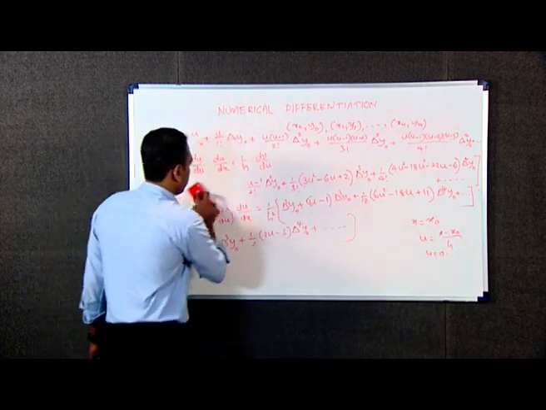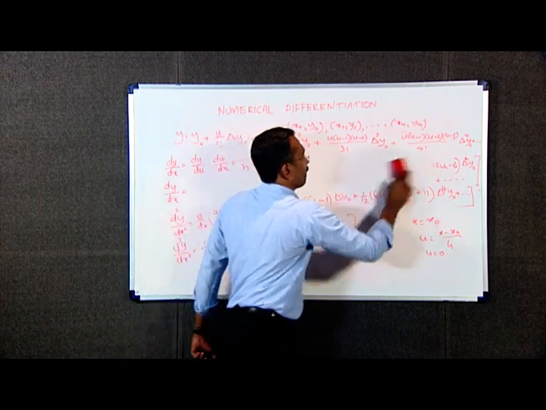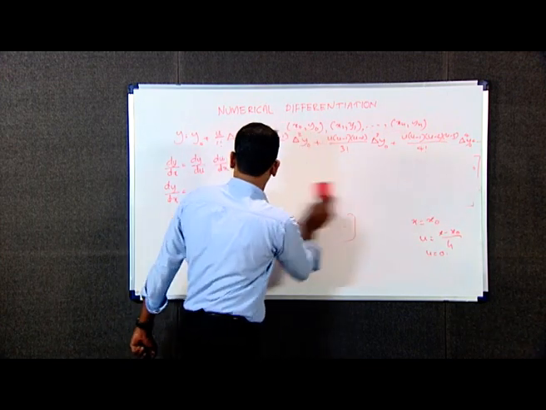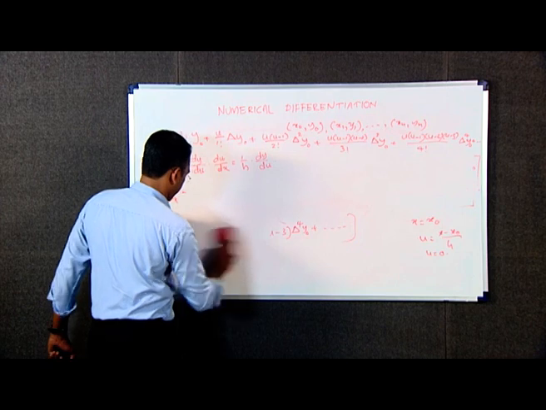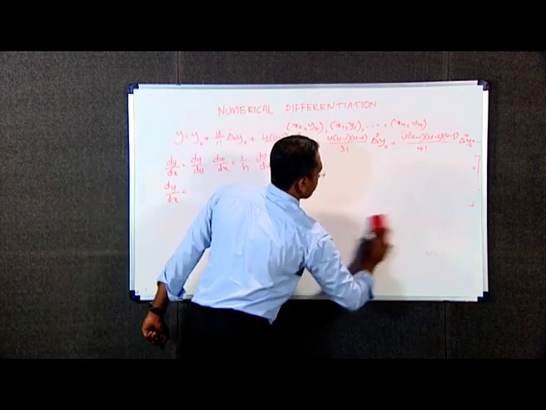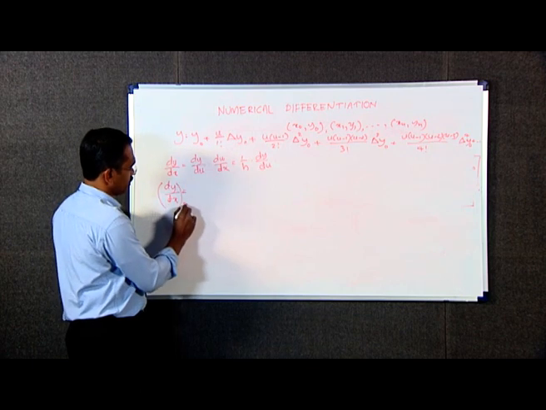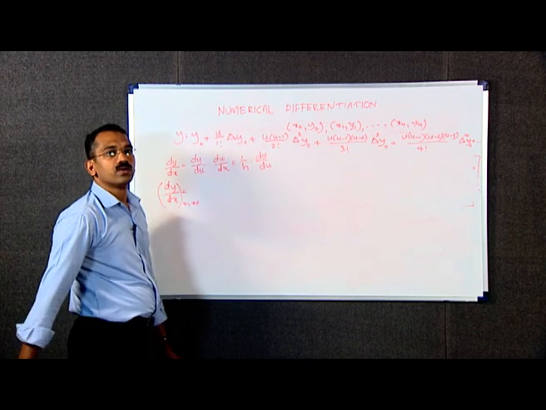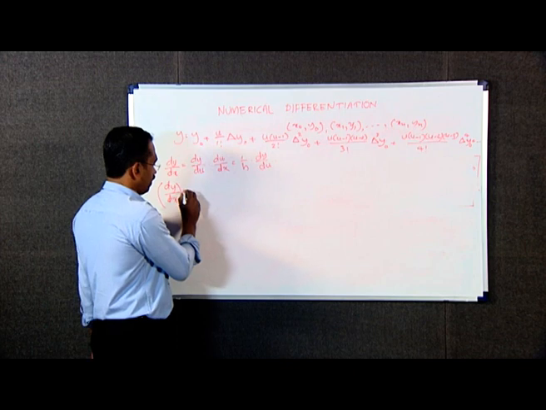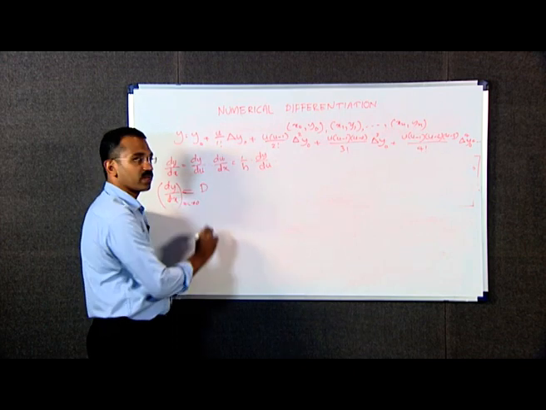That is, dy by dx at x equal to x naught is equal to, we can use the differential operator.